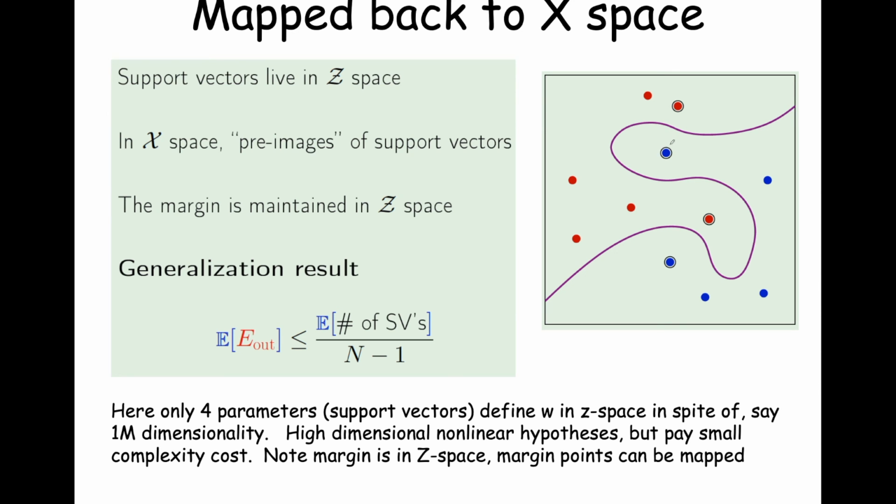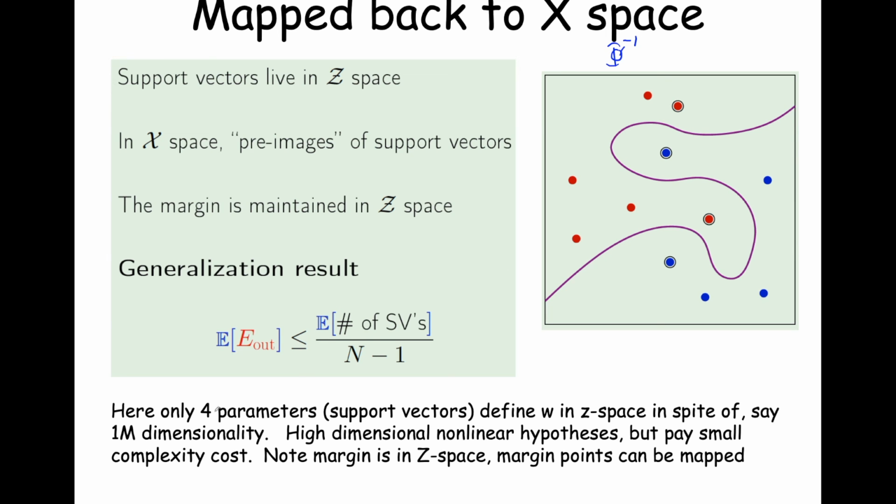To get those equivalent points in input space, we would take the inverse mapping phi inverse to give the pre-image of our support vectors. It helps to visualize, but it's important to know that these support vectors, through our nonlinear transformation or phi function, live in Z space, but you can view the pre-image of these support vectors.